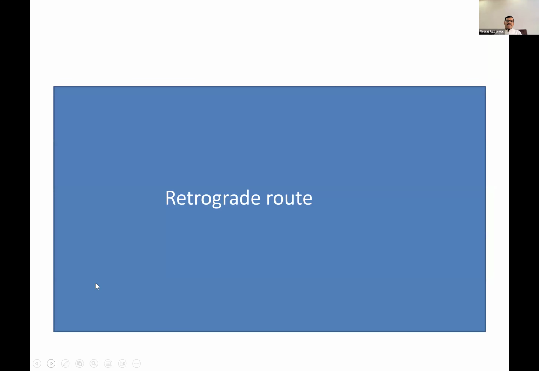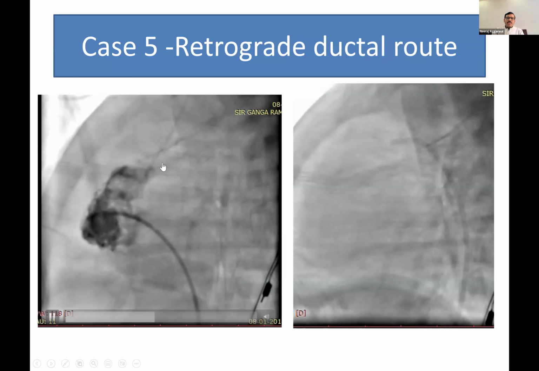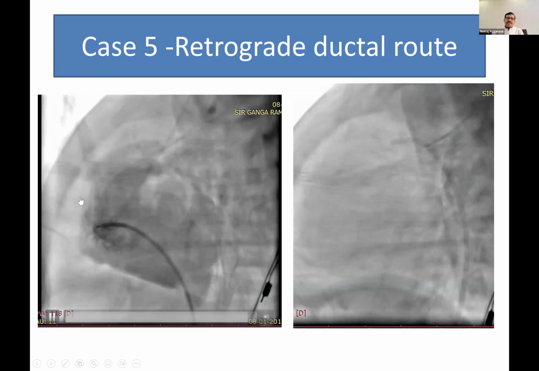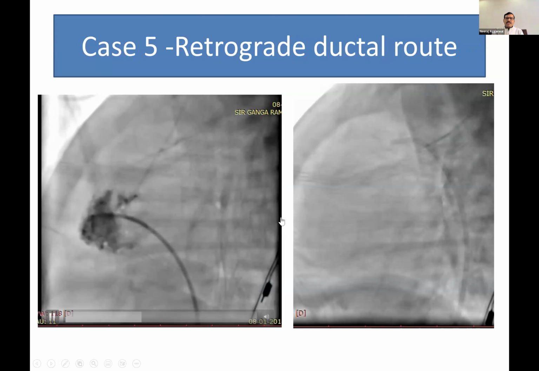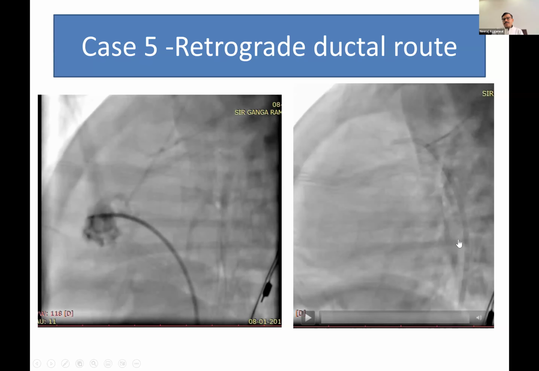Now we discussed the femoral vein and jugular vein. Now we go to the retrograde route. This is another case. We were dealing with severe PS and RV dysfunction. So we thought, let's go through the retrograde route.